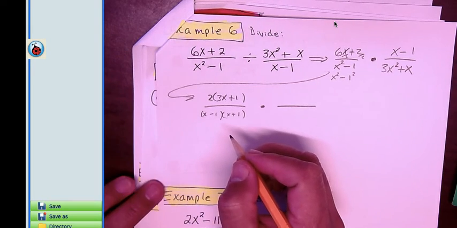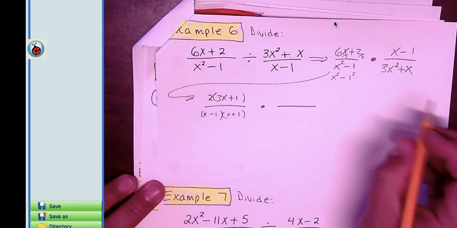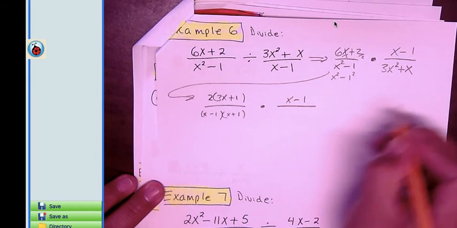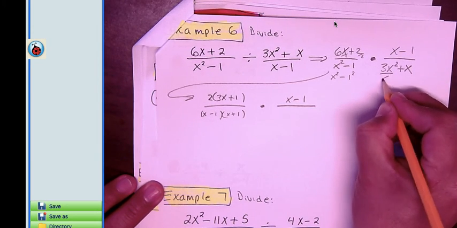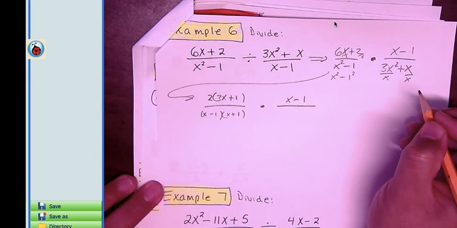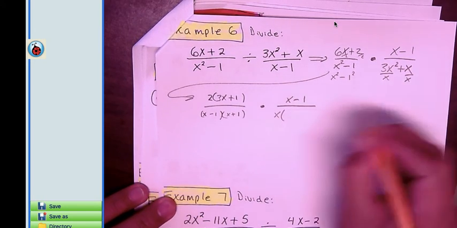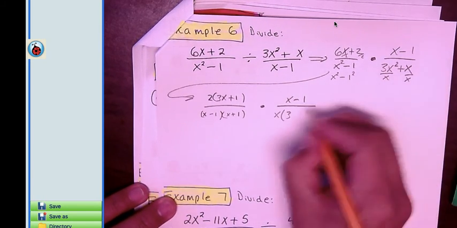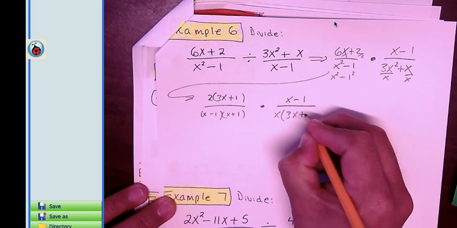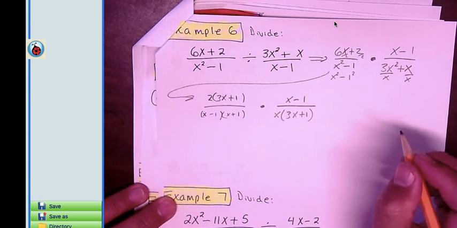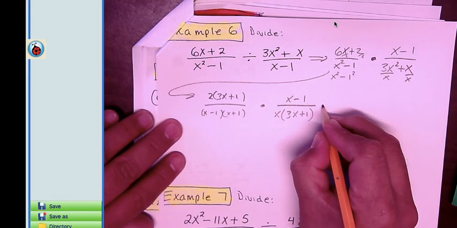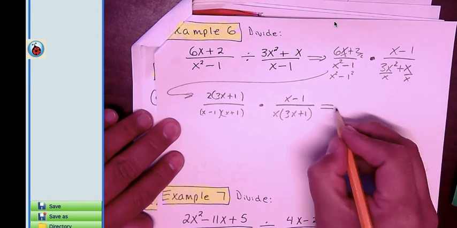And then here you have x minus 1, and then here you can take out an x. So you would have x, so 3, and then x, and then plus 1, right? X over x. So now let's put everything together.